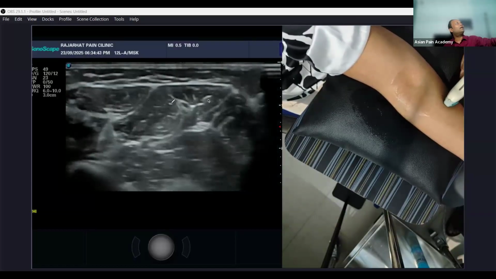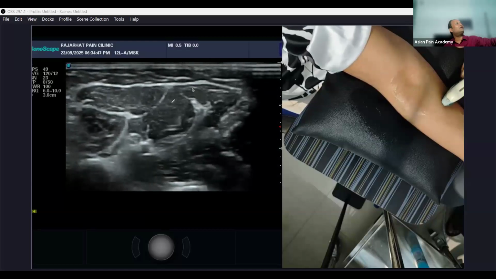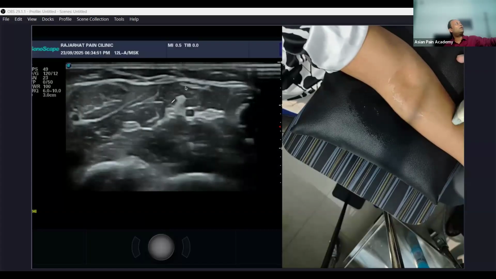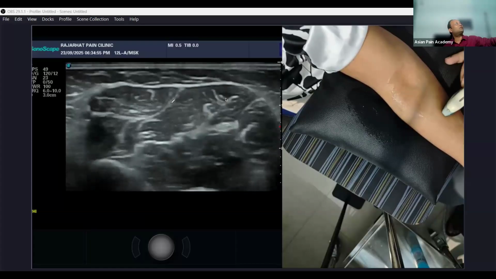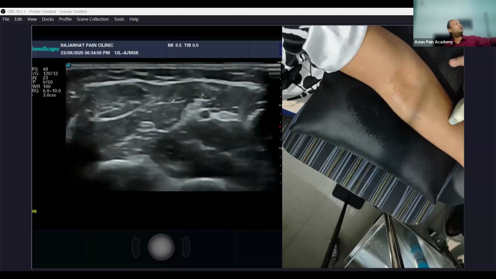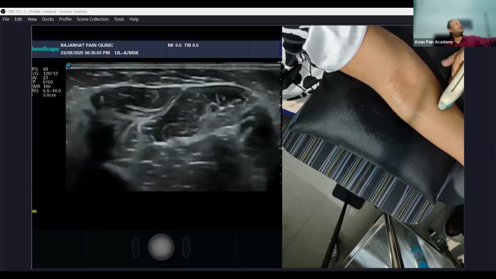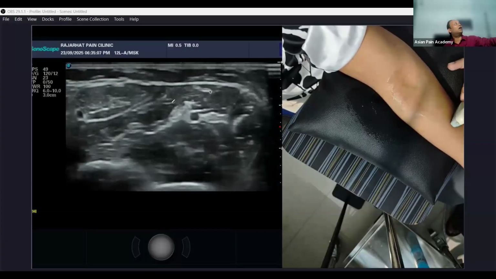one small muscle. If I go down, suddenly you will see this muscle, this area will become smaller. So it has become a tendon here. When I'm going up, it is coming like this. You see that where my arrow is, this is becoming smaller and this is becoming bigger. So this is one way of understanding that this muscle is nothing but palmaris longus.